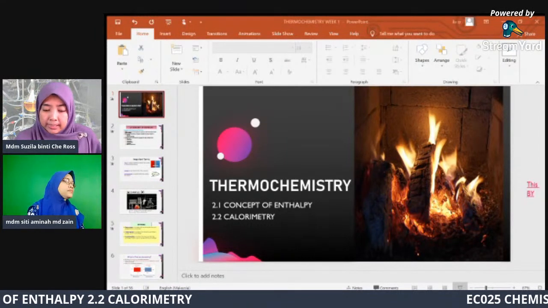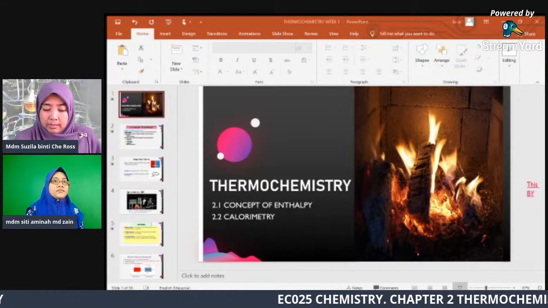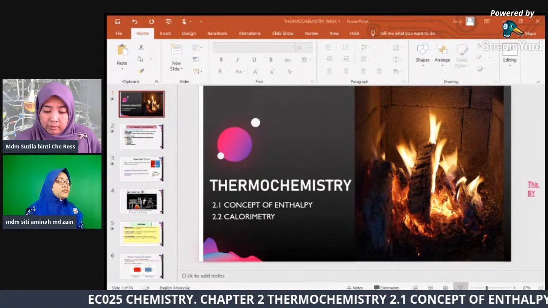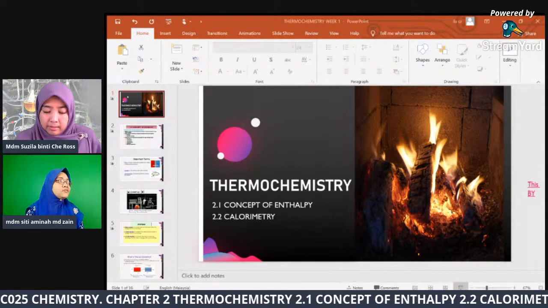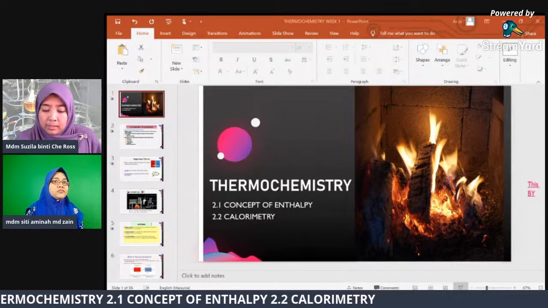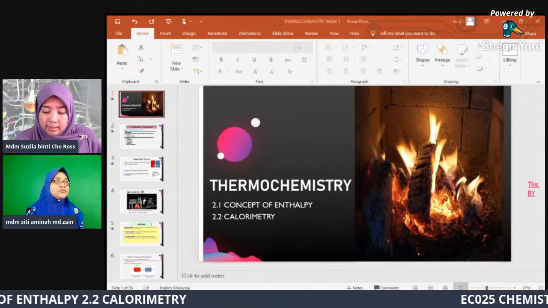So for 2.1, there are learning outcomes that we need to achieve for today. At the end of the lesson, students should be able to explain endothermic, exothermic reaction using complete energy profile diagram.